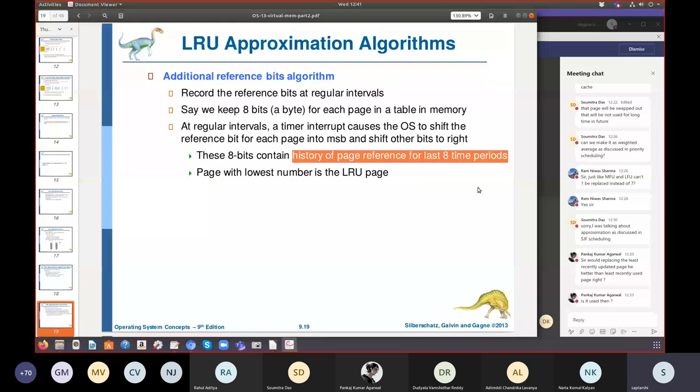You are maintaining a counter with a right shift operation. Therefore, at any point of time, the 8 bits give you the history of page references for the last 8 time periods. And therefore the page with the lowest number, considering these 8 bits to be a number, is the LRU page.